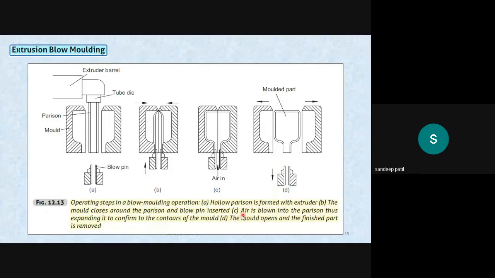So at B, in this figure, the mold closes around the parison and the blow pin is inserted. At C, air is blown into the parison, expanding it to conform to the contours of the mold. Then the mold opens and the finished part is removed.